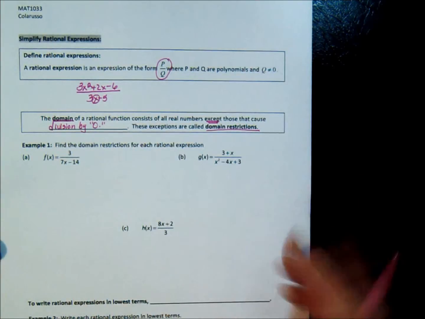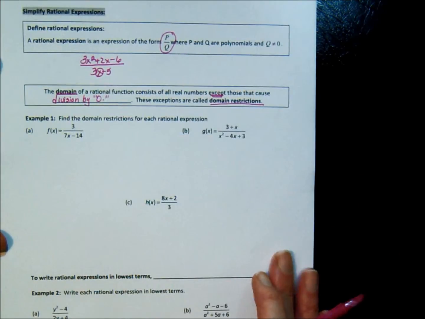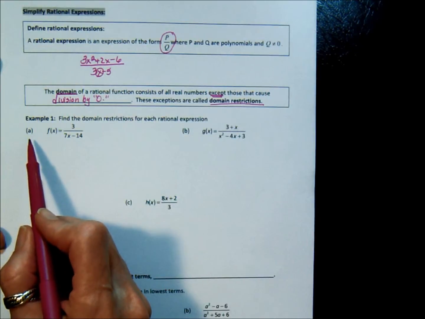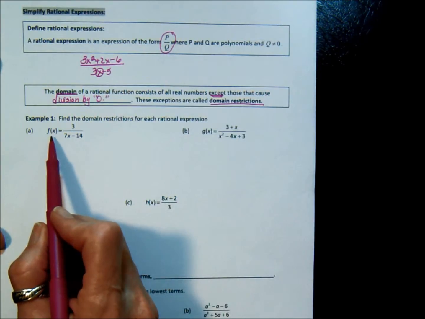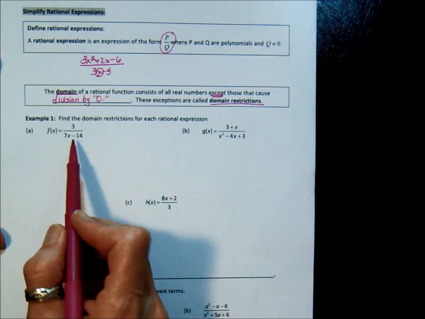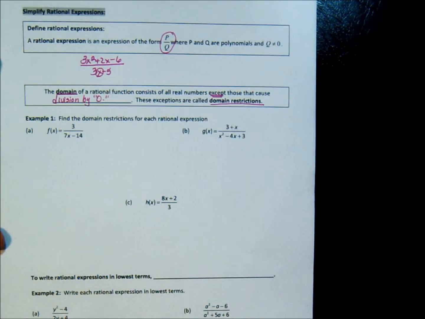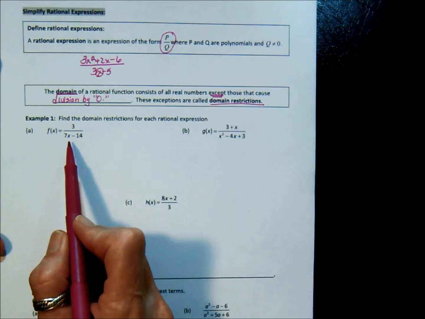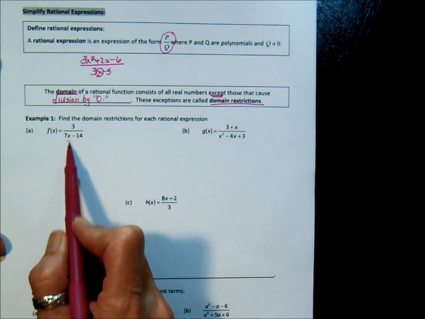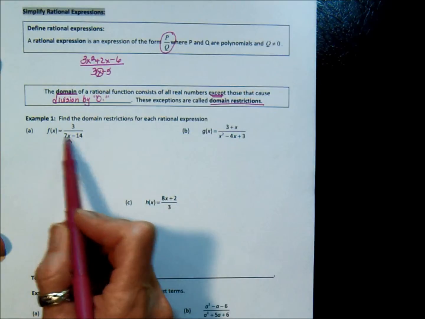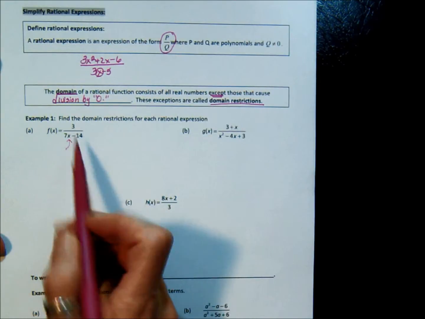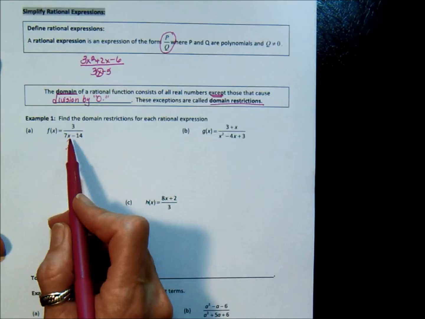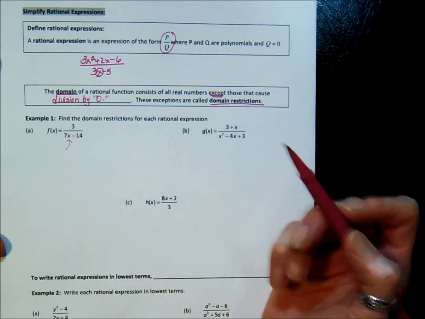So I think it's going to be easier to understand to look at an example. So let's look at example 1a, where we have a function defined f of x equals 3 over 7x minus 14. Now, we know that it is not possible to divide by 0. That is an undefined expression. So if there is a value that x could take on that would cause the denominator to become 0, then that would have to be a restriction on the domain of x.